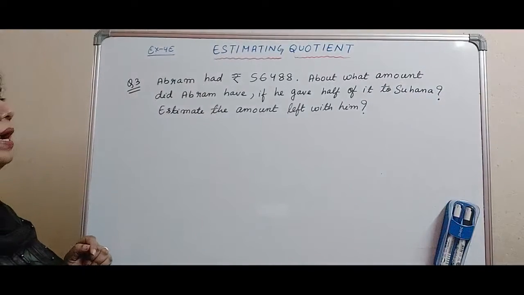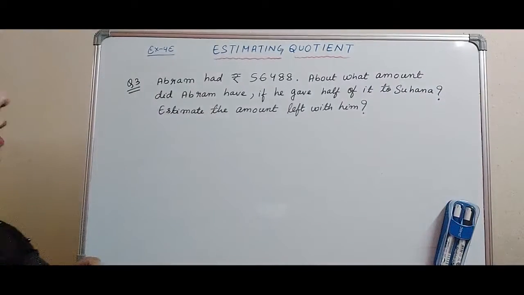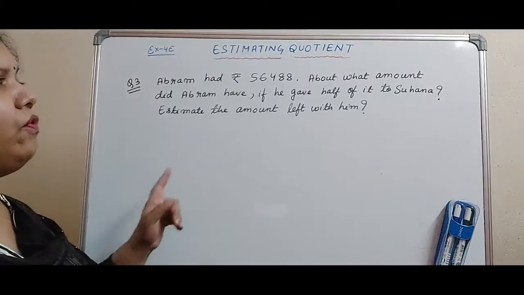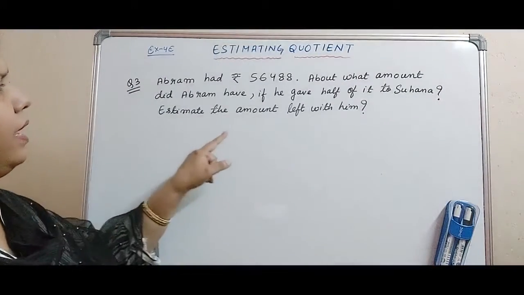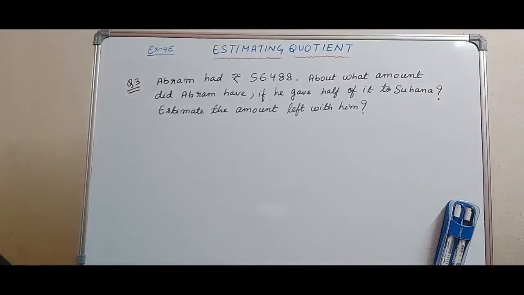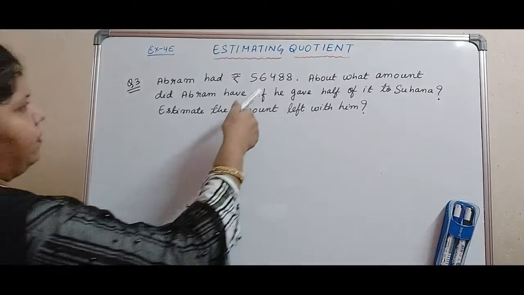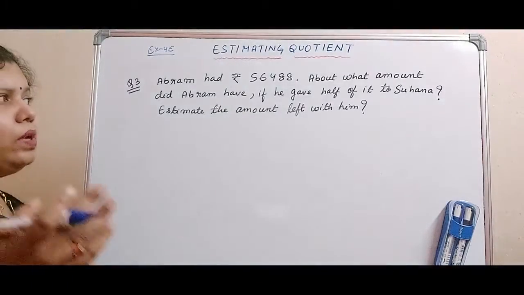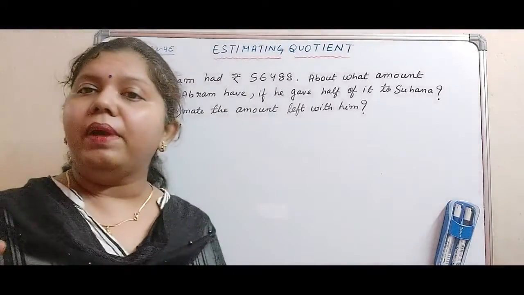The question is, Abraham had rupees 56,488. About what amount did Abraham have if he gave half of it to Suhana? Estimate the amount left with him. First of all we have to round off this amount, and then you can give half of it to Suhana, meaning we are dividing it by 2.